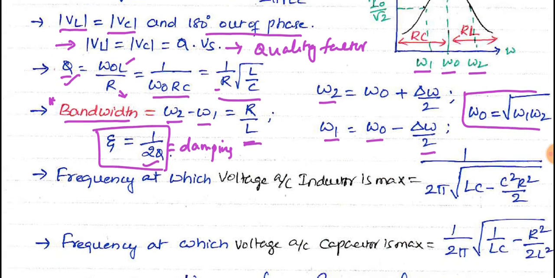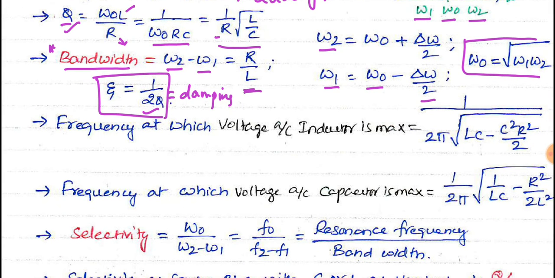Next, these formulas are important to remember. They won't ask numerical questions based on this, especially in non-calculator examinations, but you have to remember them because these appear directly in the options. The frequency at which the voltage across the inductor is maximum: we have R, L, C, and we know that VC is equal to Q times Vs. Similarly VL also.